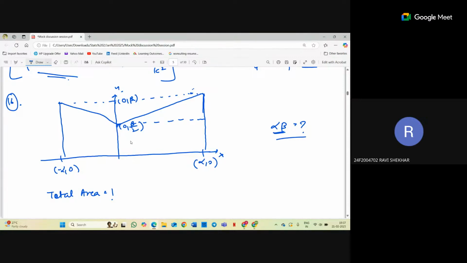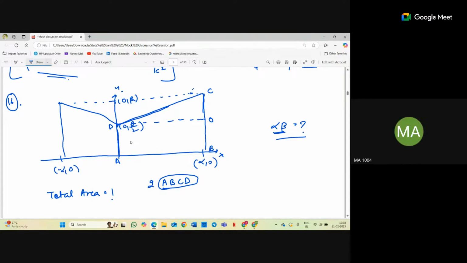Just try. Okay. Now, if I find out this area, and if I double it, I would be getting the whole area. Correct? If I calculate the area of this figure A, B, C, D and double it, it will give the total area.